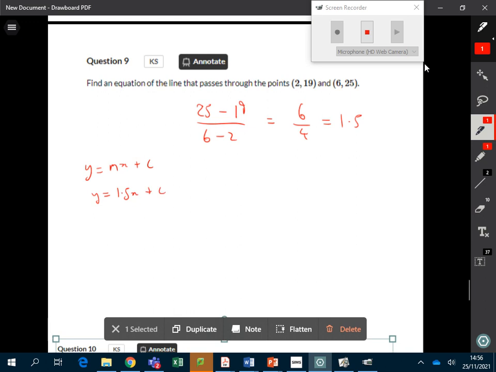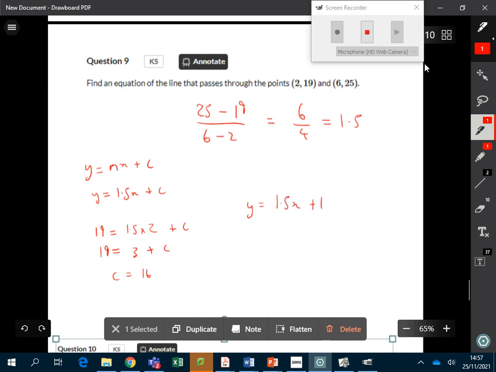Now we also know that it goes through this point 2, 19. So if we substitute in, we can find our value of c. So 19 for y is equal to 1.5 times x, which is 2, plus c. So 19 equals 3 plus c. C must be 16. So our equation is y equals 1.5x plus 16.